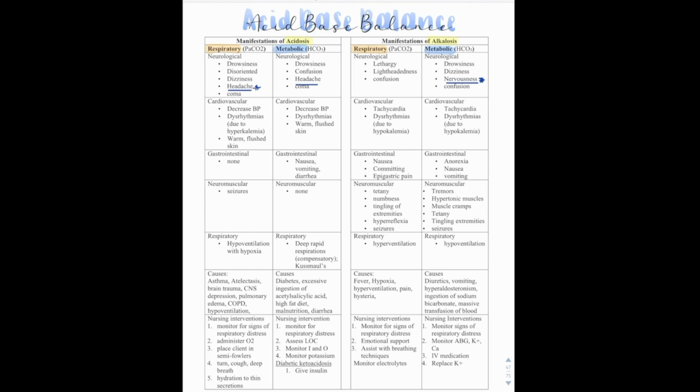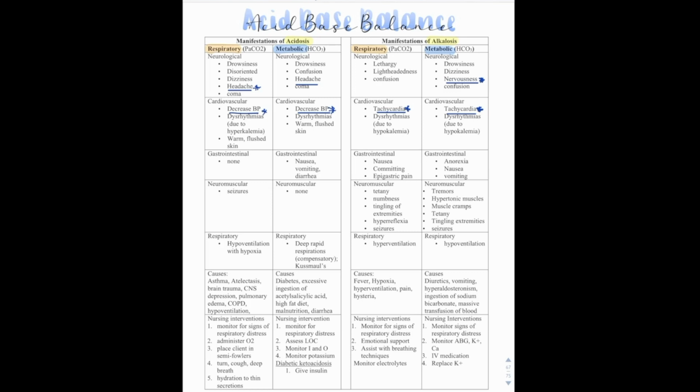So how we can differentiate is that with acidosis, we're seeing decreased blood pressure. This isn't differentiating between respiratory and metabolic, but the main thing is the decreased blood pressure for acidosis. When it comes to alkalosis, the real difference is the tachycardia, and we could see that for metabolic or respiratory. So let's just remember that.